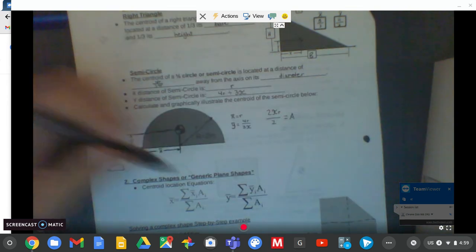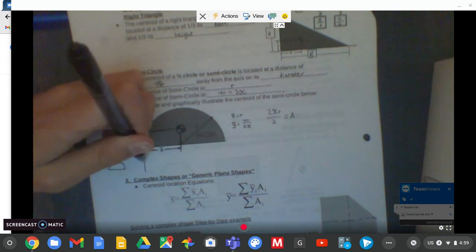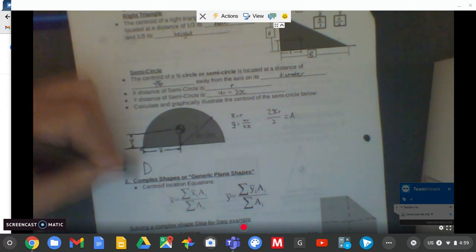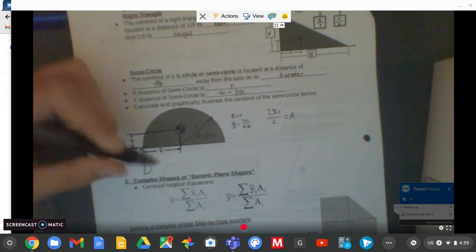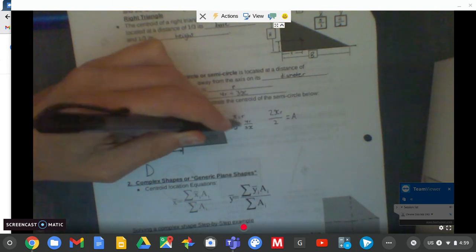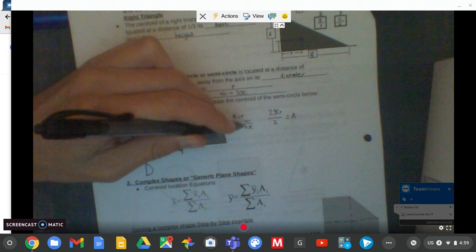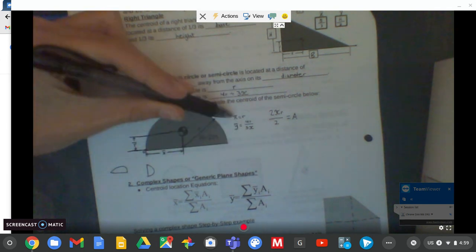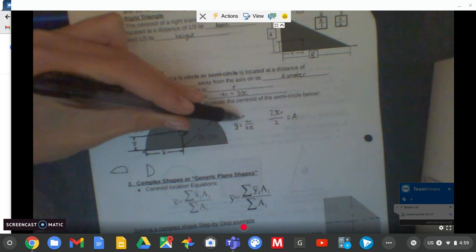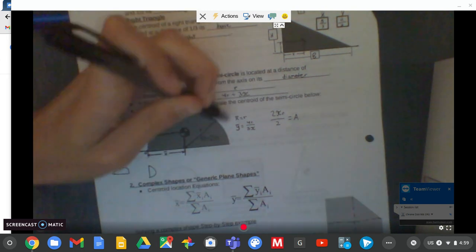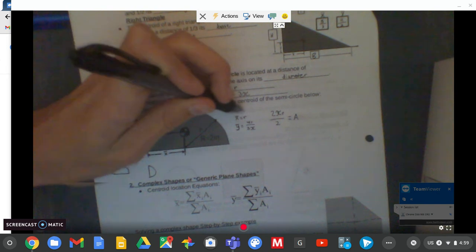But if the flat side is to the side, vertical, then you flip that around. For the x, you do 4 times the radius divided by 3 pi. But for the y, you would do r, so it flips around.